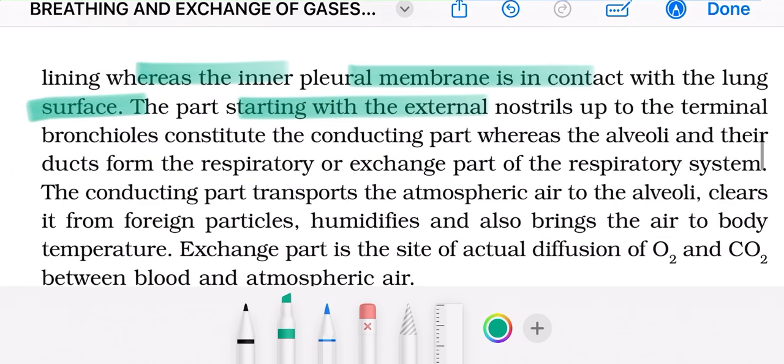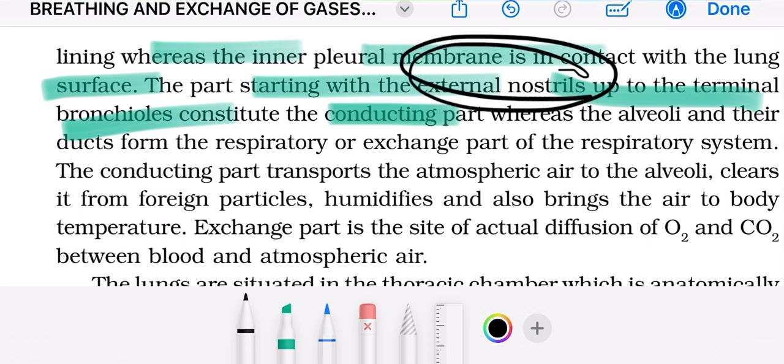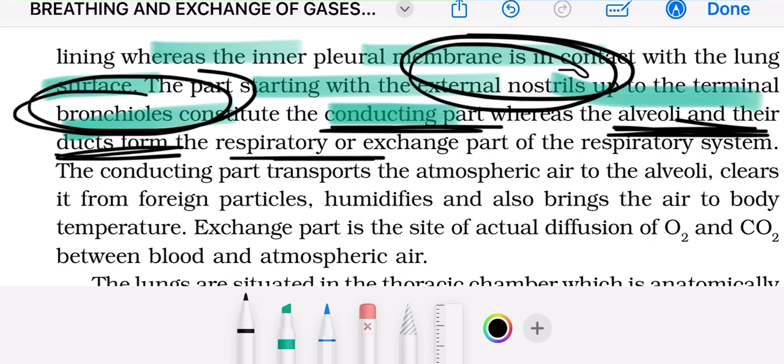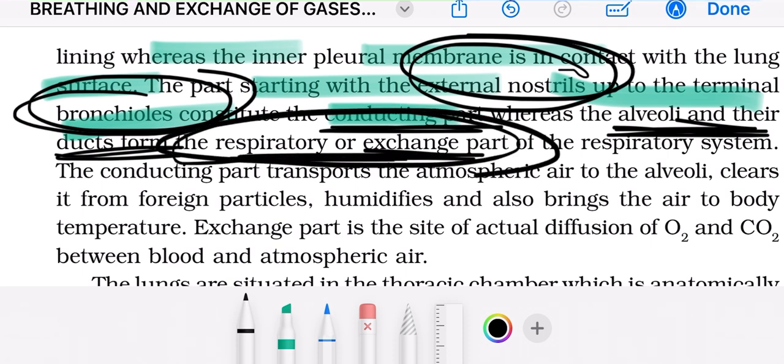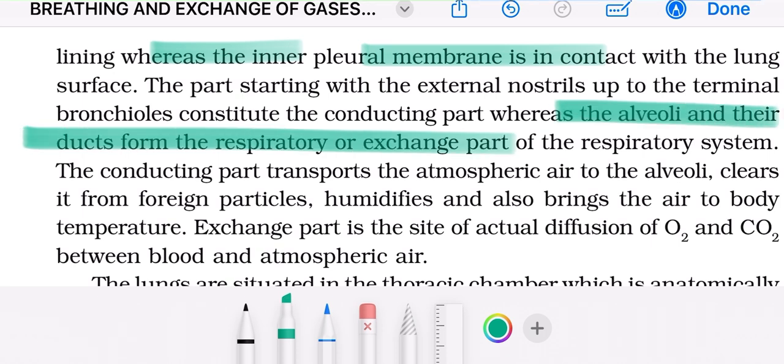The parts starting with the external nostrils up to the terminal bronchioles constitute the conducting part, whereas alveoli and their ducts form the respiratory or exchange part of the respiratory system.